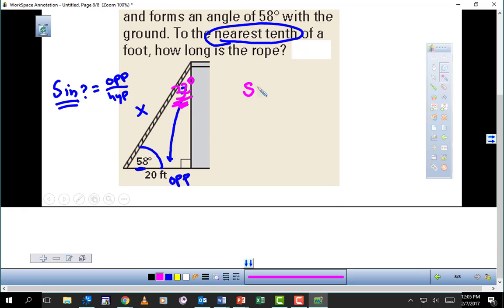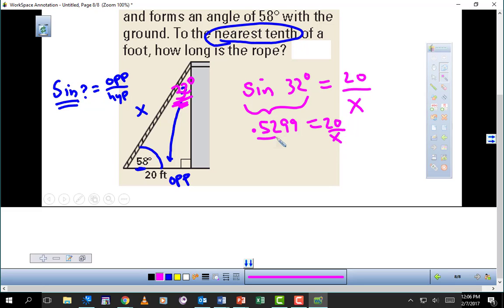Now what we would say is the sine of 32 degrees is equal to the opposite side, which is 20, over the hypotenuse. And we should get the same answer, right? So if I do the sine of 32 degrees, I get 0.5299. And that's equal to 20 over x.